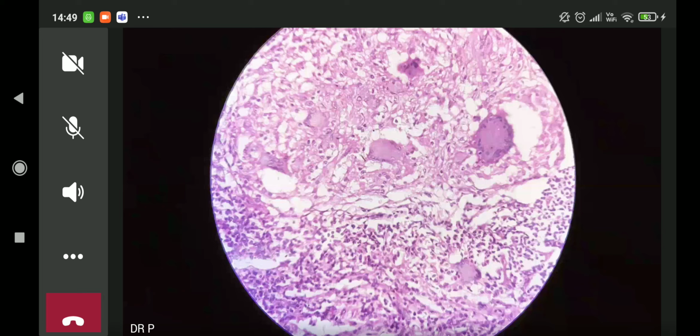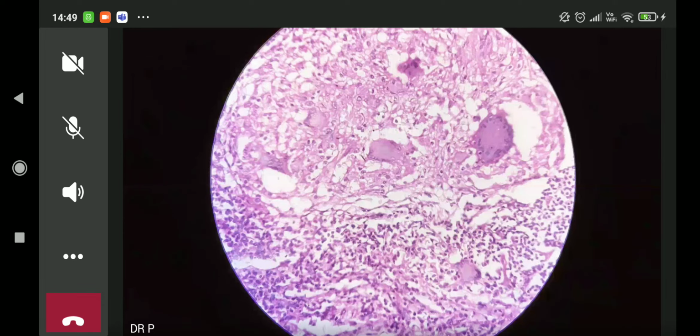Whenever you see this kind of cell, why is it a giant cell? Because it's much larger than the surrounding cells. You can see small dotted nuclei of lymphocytes. You can see a few fibroblasts. But these 4 or 5 cells are huge. So, it's a giant cell. And there are various kinds of giant cells, and I'll ask you in a later session what the types of giant cells are.